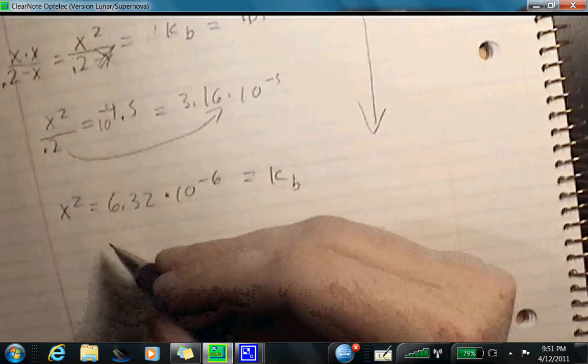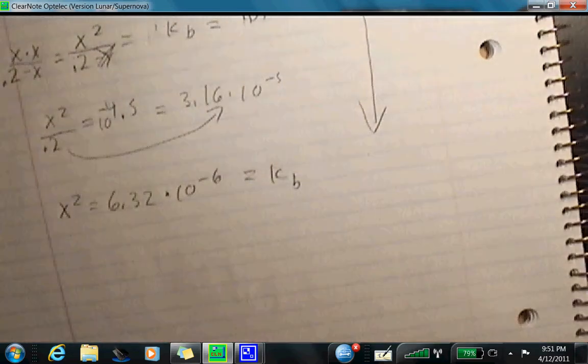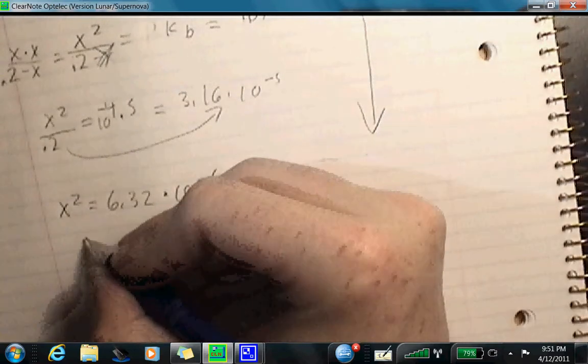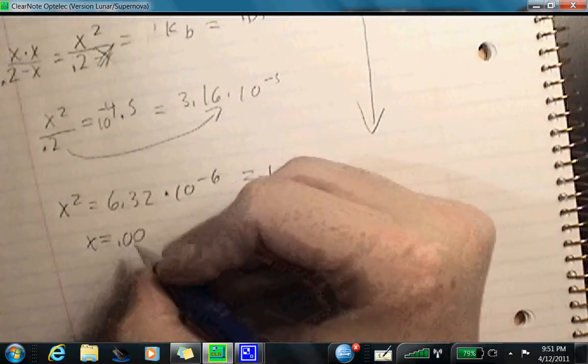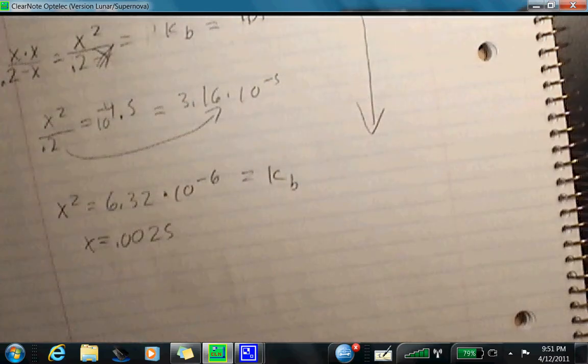Okay. So now we're going to take the square root. And that's going to give us 0.0025, right?